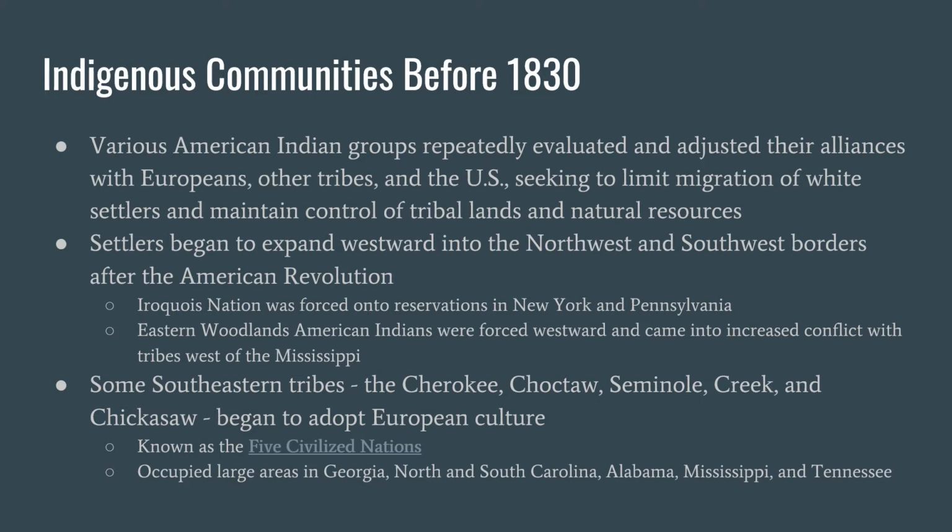What's important to note is they occupy a lot of land in what would become Georgia, North and South Carolina, Alabama, Mississippi, and Tennessee, all land that is very much coveted by the United States to settle with Americans.